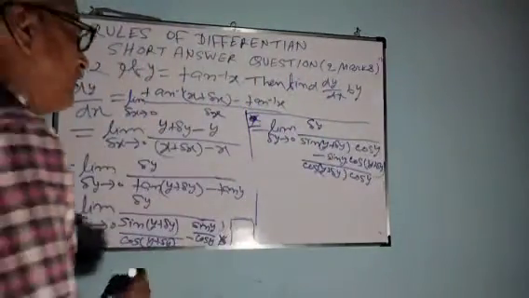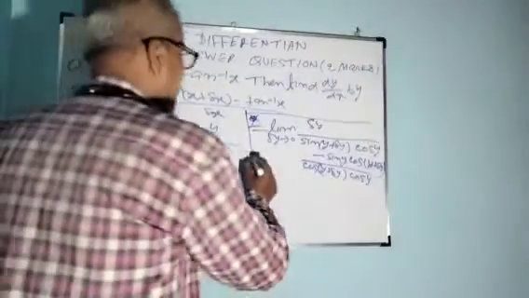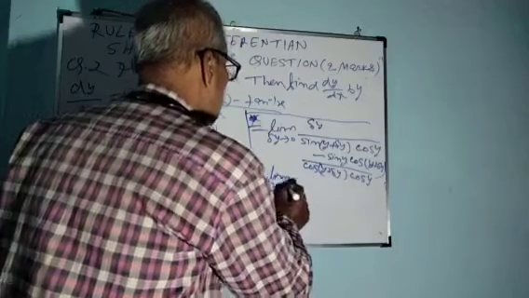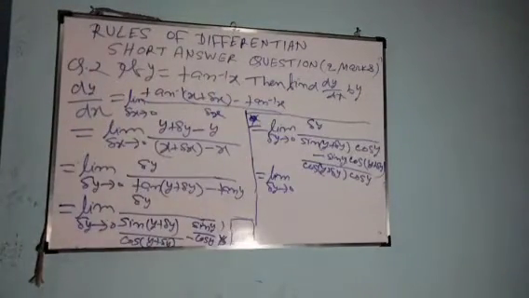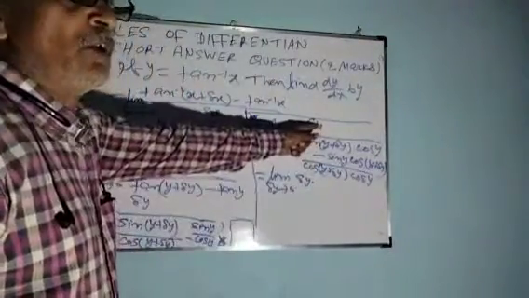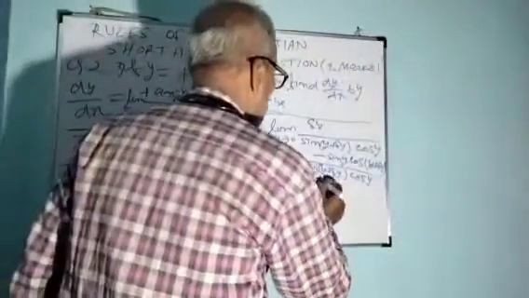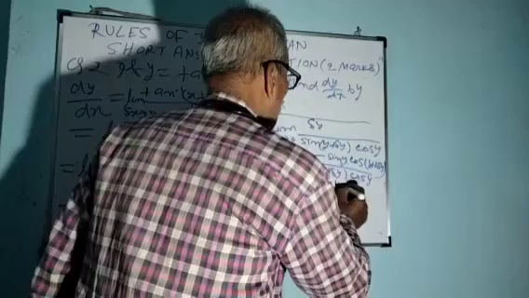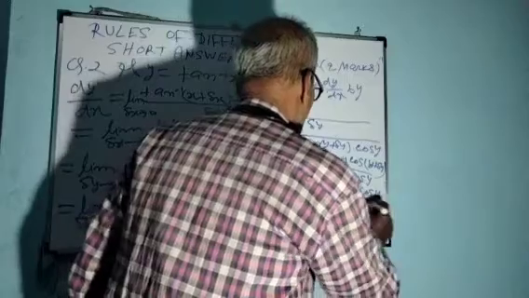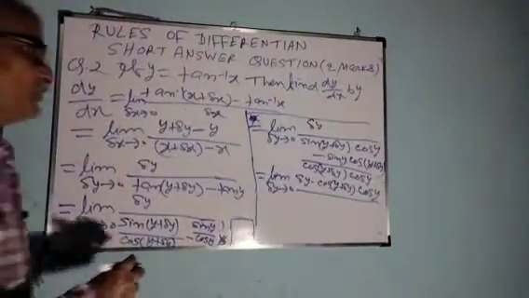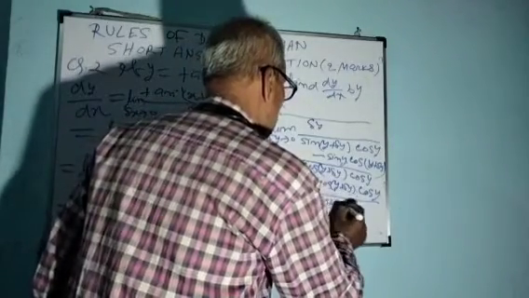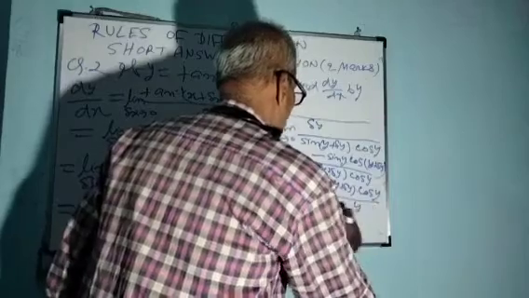Now we use the formula. This is equal to limit delta y tends to 0 of delta y into, this will come above in the numerator, cos of y plus delta y into cos y by sin of y plus delta y minus y.